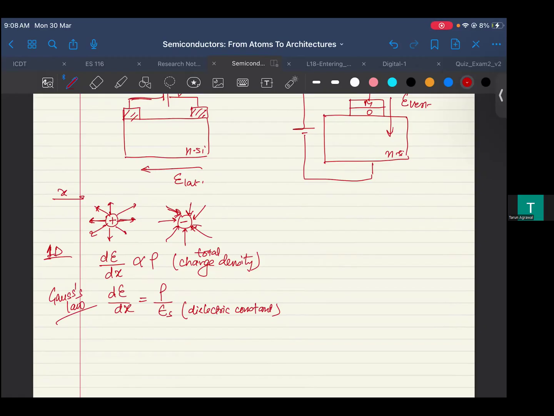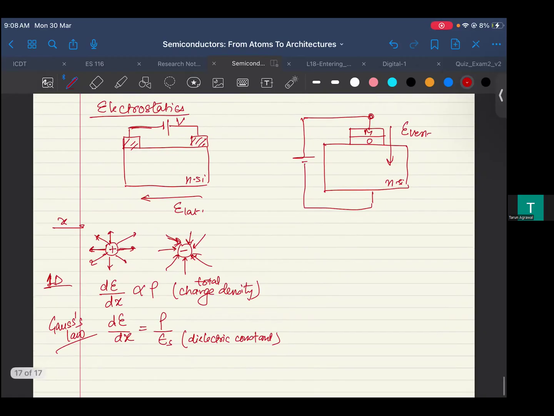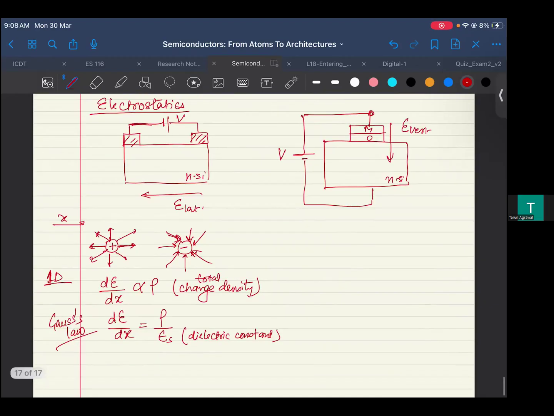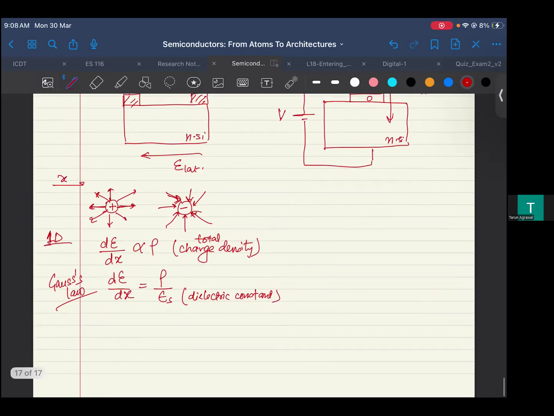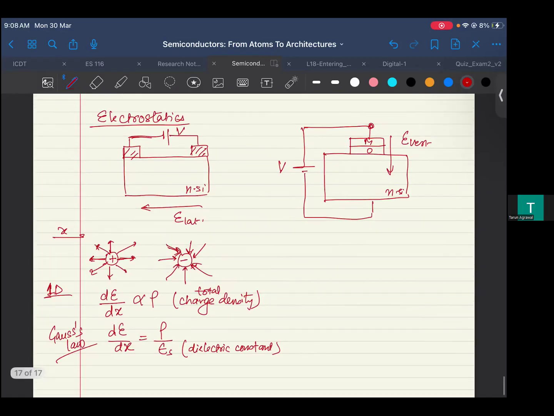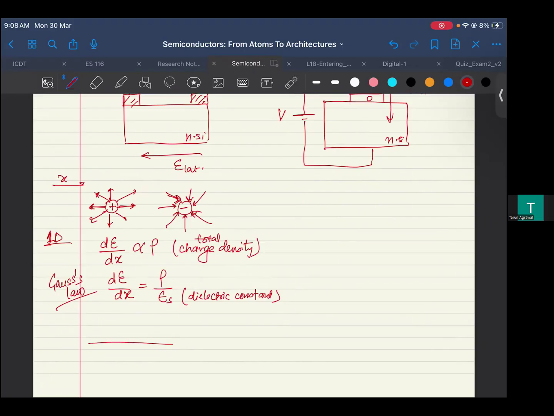Now we also know that one does not directly apply a field. What they are applying is V. So how does the field change with V? It is basically like this bottle of water which we saw. This is a table and there's a bottle of water. There's no voltage applied or no potential energy gain.